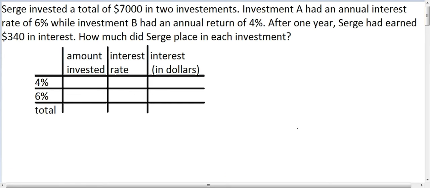Let's go ahead and fill in the information into the table. Since the unknown is the amount invested in each of the investments, let's use X to represent the amount he invested in the investment that returns 4%, and because the total he invested is $7,000, the amount he invested in the 6% investment is 7,000 minus X. So the total amount invested is $7,000.